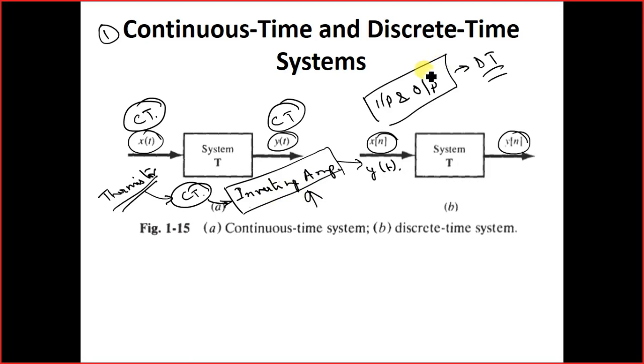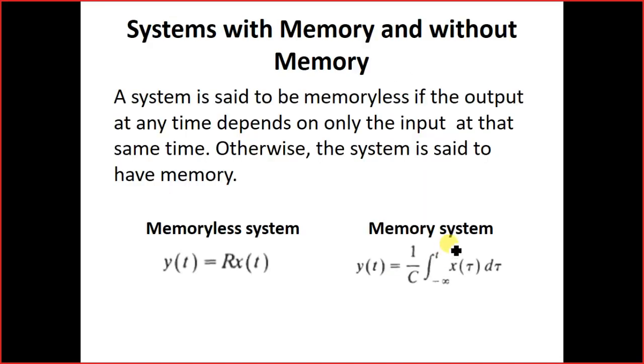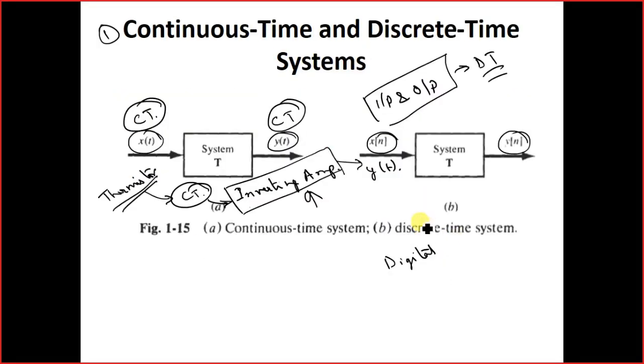Now discrete time systems: all the digital systems are discrete time systems. Are there any sensors? Yes, all the digital sensors are discrete time signal generators.